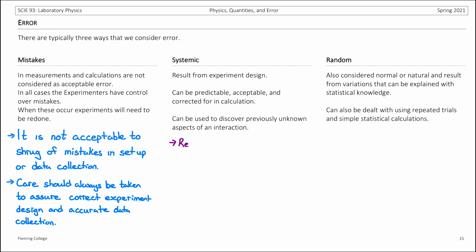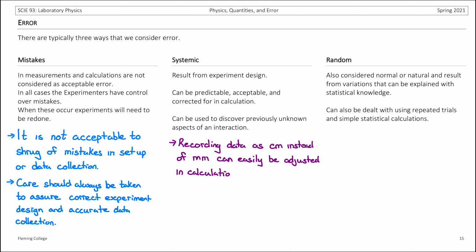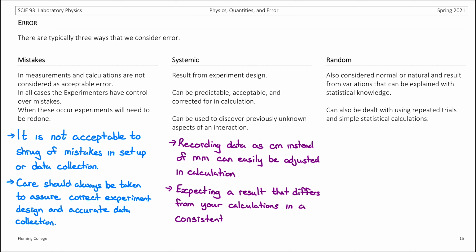Other versions of systemic errors could be that experimenters have recorded all of their data as centimeters instead of millimeters, which can easily be adjusted by including a conversion factor in your calculator. Some planets have been discovered simply because, as we went to predict the orbit of other known planets, they diverged from the predicted path. And that consistent divergence is what led us to predict the existence of Pluto.